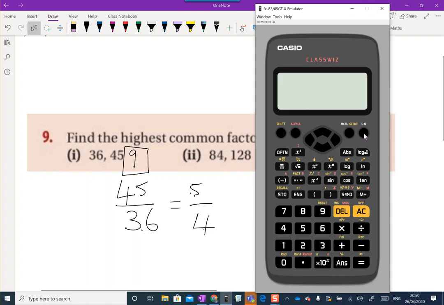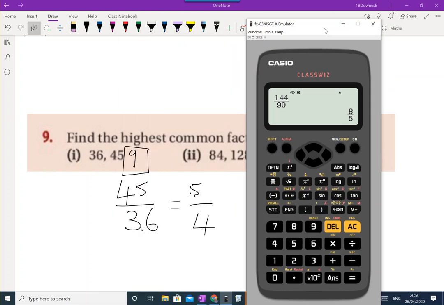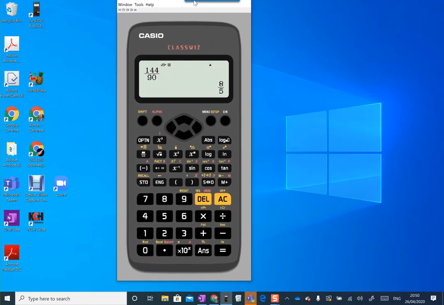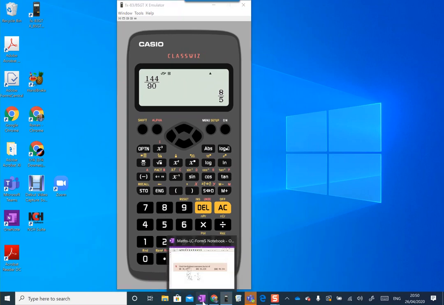90 over 144. Let's put the big one upstairs. Over 5. Okay, and then you divide 8 into 144.